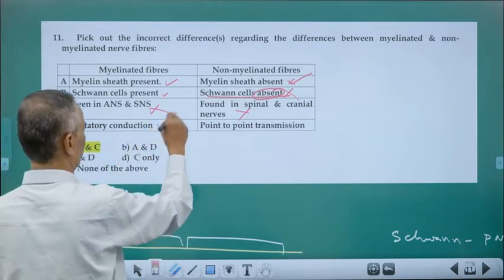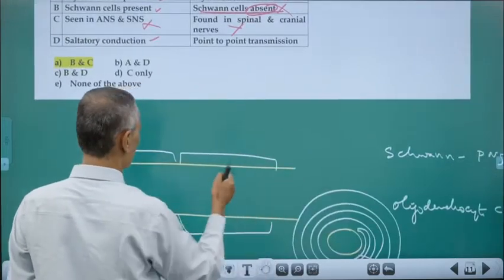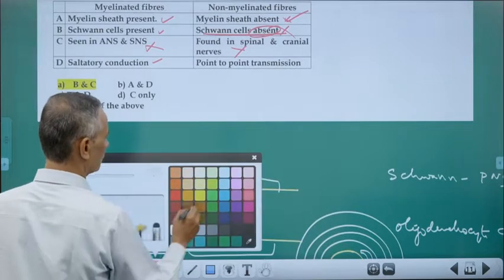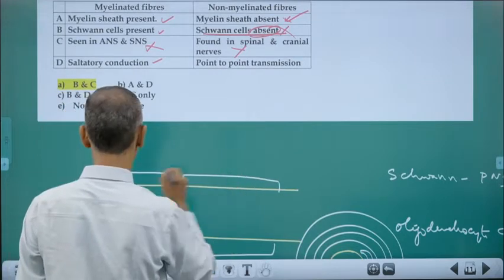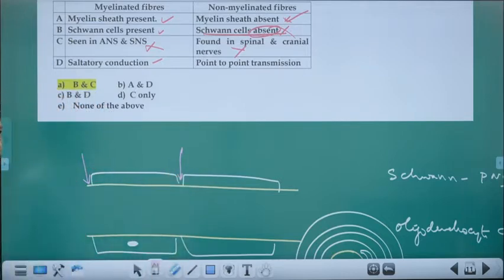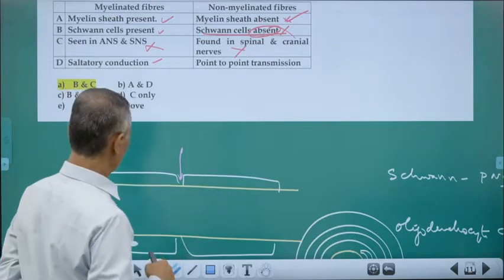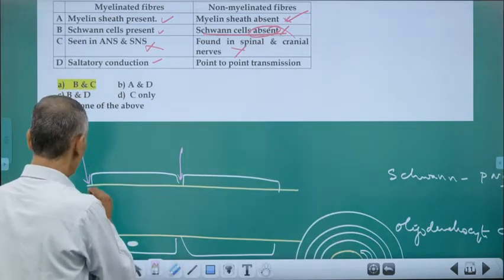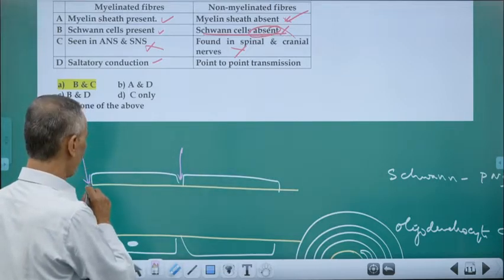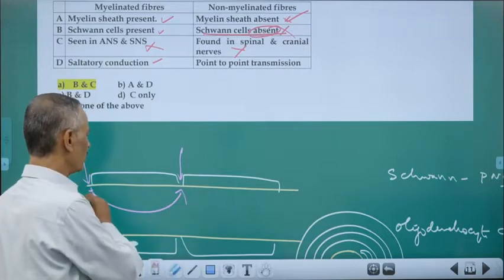It is saltatory conduction. What is saltatory conduction? The impulses are jumping from one node to the next. Say, for example, this is the node. What is the node? A junction, the point where there is no myelin sheath, that narrow gap in between adjacent Schwann cells. This is called a node. The ionic channels are highly concentrated here, so the voltage produced here is so powerful that it can jump from this one to this one.